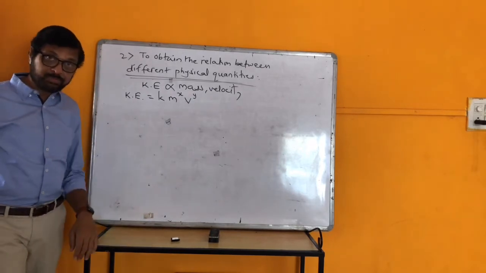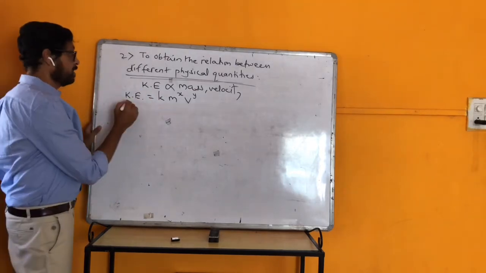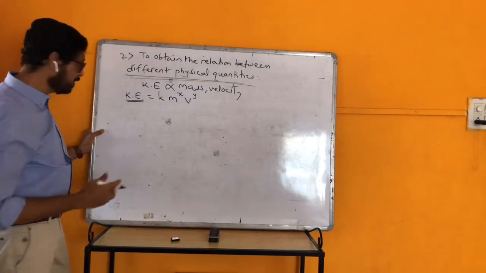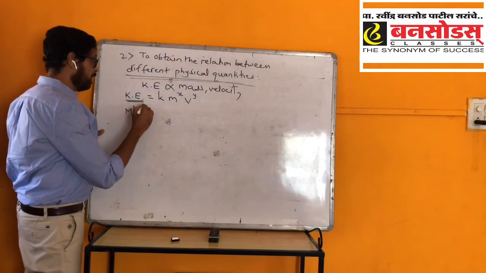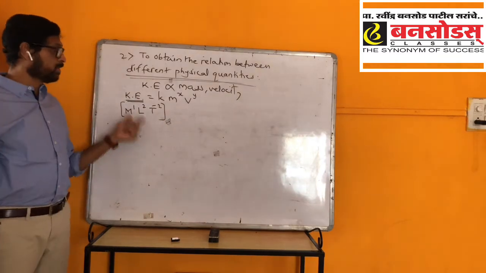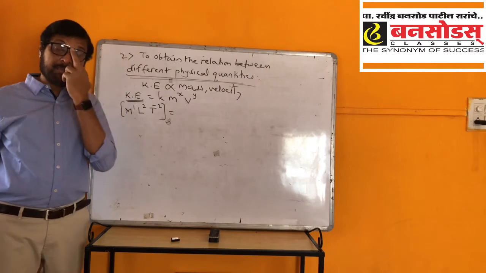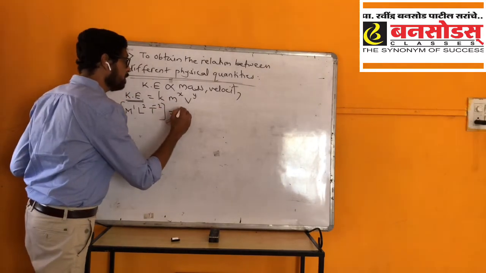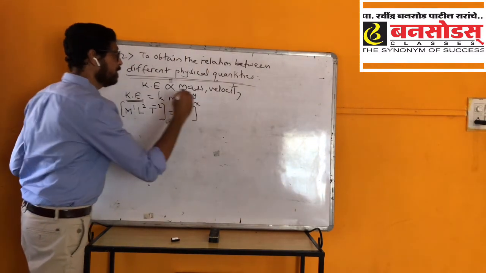Now what will you do? In place of these quantities, you'll put their dimensions. Kinetic energy, any energy has the same dimensions, that is M1 L2 T minus 2. Dimensions of kinetic energy is equal to K, a dimensionless constant, so no dimensions for that. Mass M raised to 1 raised to what? x.